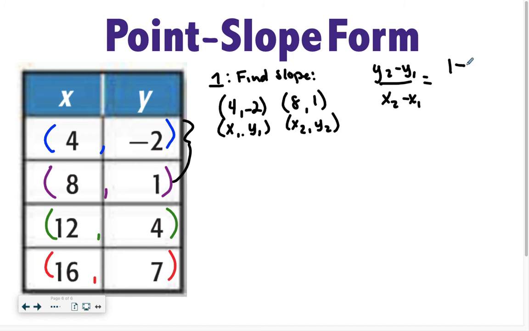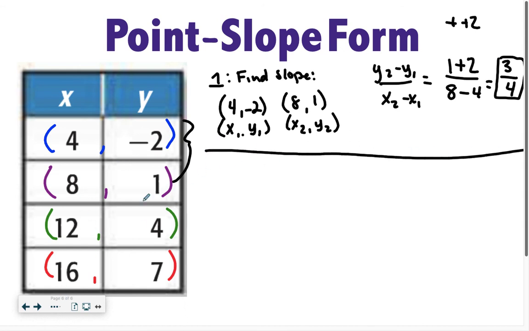Y1 is a negative 2. So 1 minus negative 2 is the same as 1 plus 2, because remember, minus a negative becomes plus. x2 is 8, x1 is 4, so 8 minus 4. So 1 plus 2 is 3, 8 minus 4 is 4. So my slope is 3 over 4.